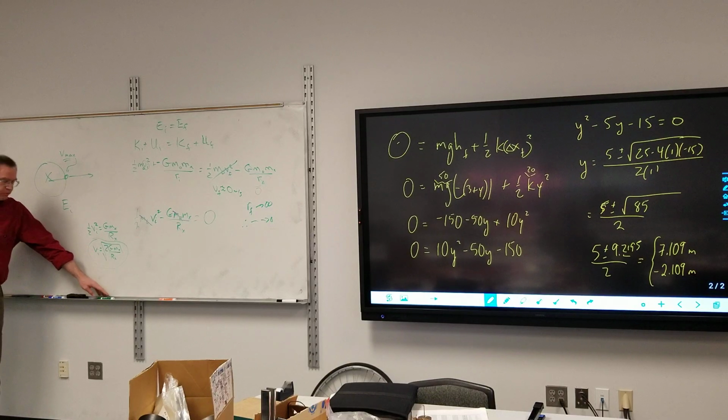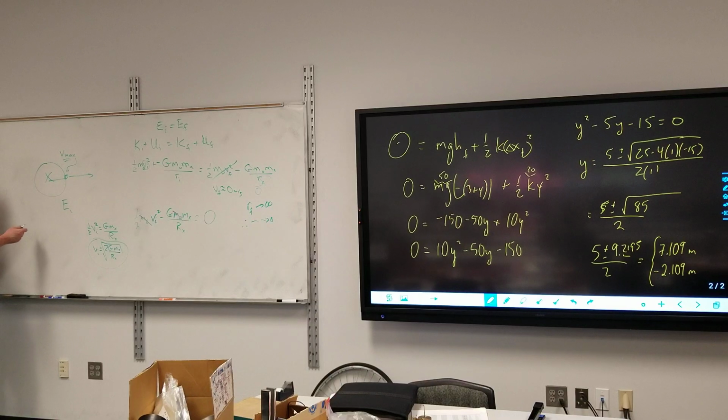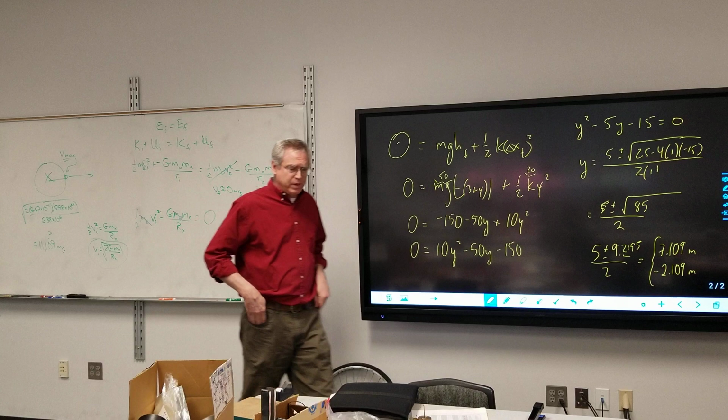If you plug in the values for the Earth, the square root of 2 times 6.67 times 10 to the negative 11th times the mass of the Earth, 5.98 times 10 to the 24th, divided by the radius of the Earth, 6.38 times 10 to the 6th, you get a number that's a little bit more than 11,000, about 11,100 meters a second.